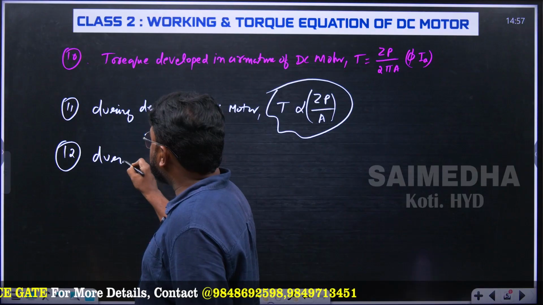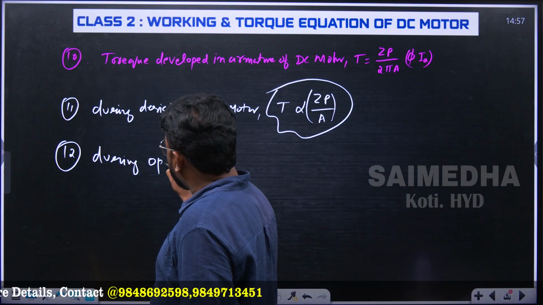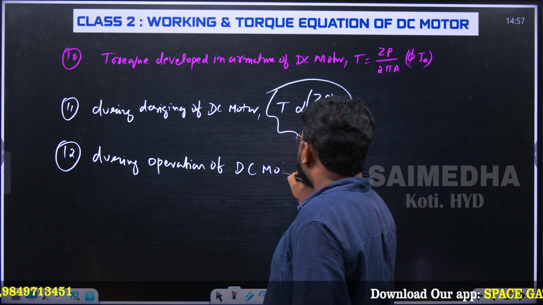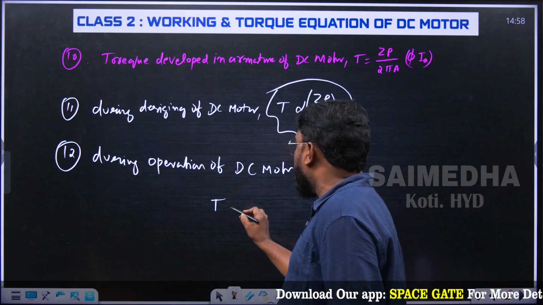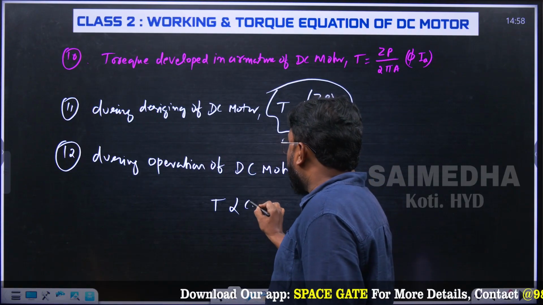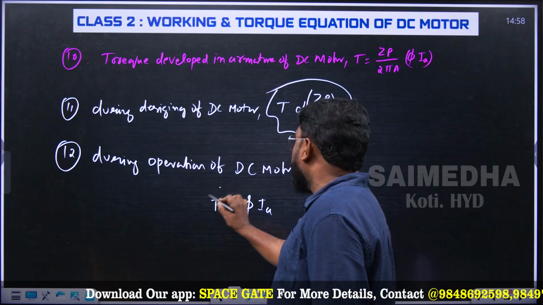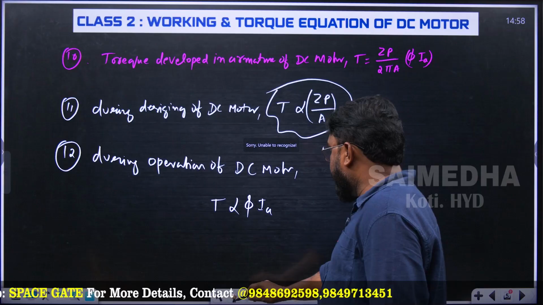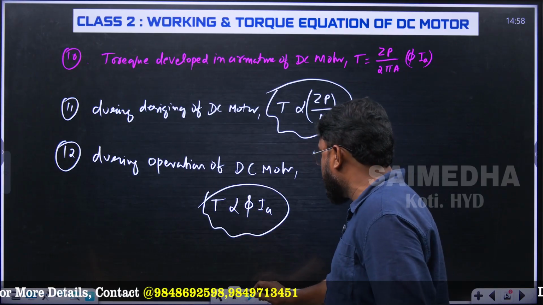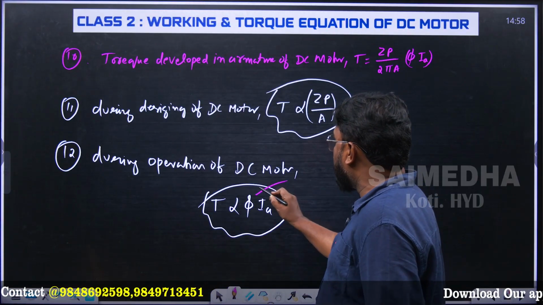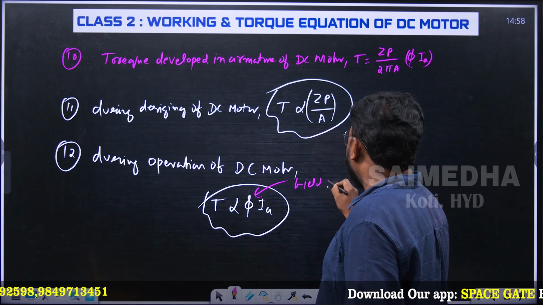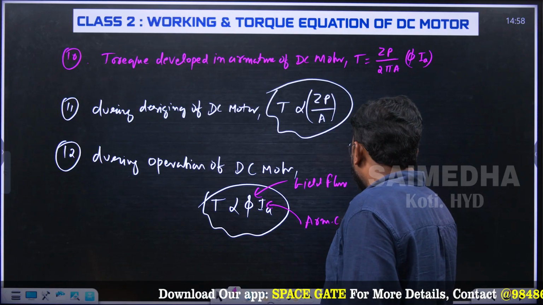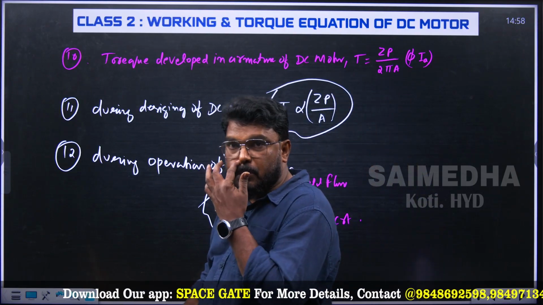During operation of the DC motor, the torque produced by the motor is directly proportional to the product of the field flux and armature current, where phi is the field flux of the motor and Ia is the armature current during operation of the motor.